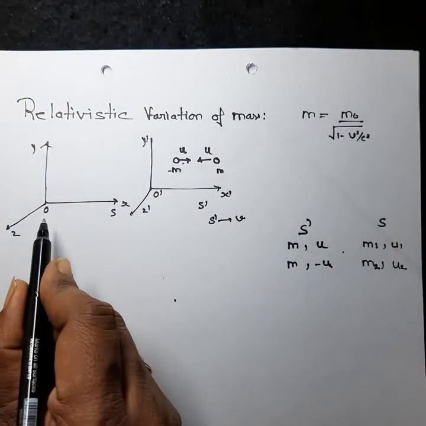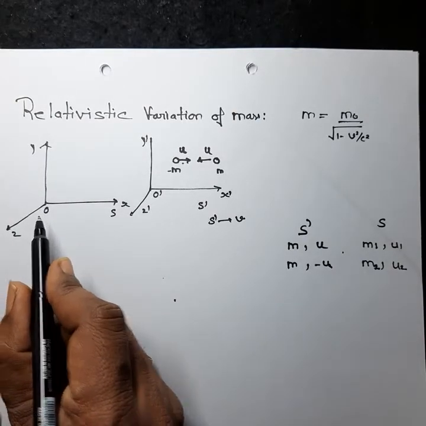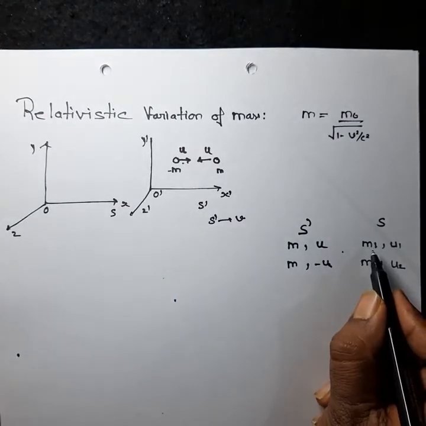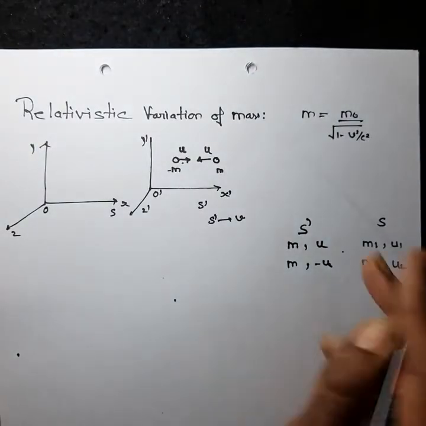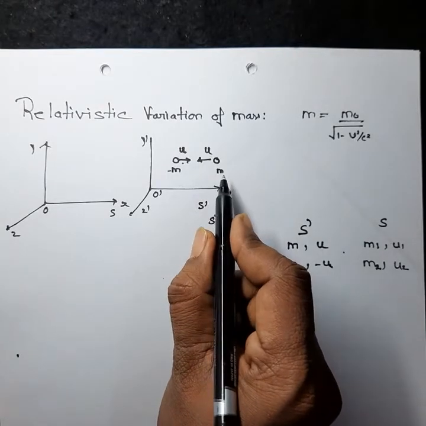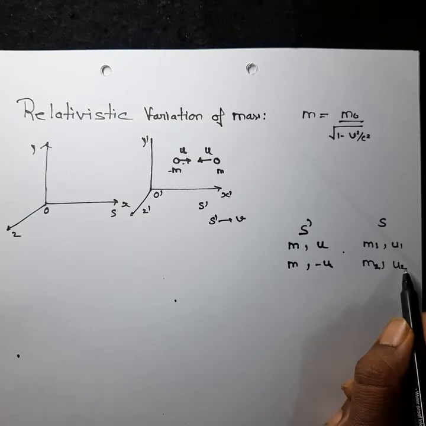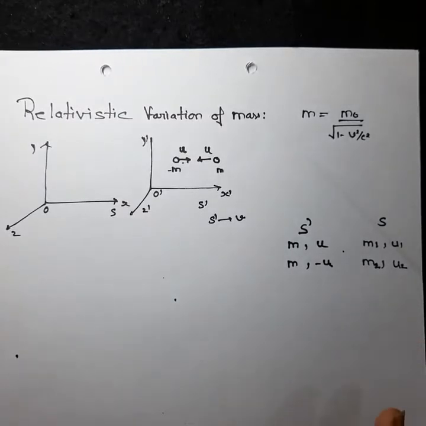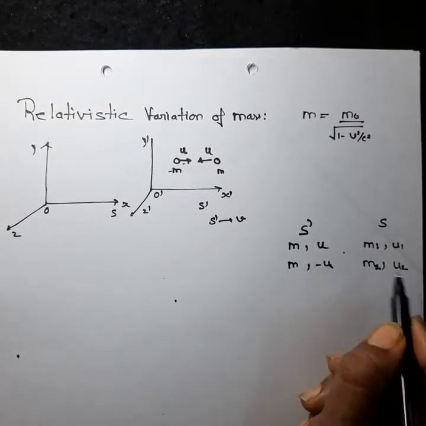Now what will observer O find? He will note that the corresponding mass is m1 and velocity is u1 because of the relativistic effect. Similarly, for the second object, the corresponding mass will be m2 and velocity will be u2. So now our aim is to relate m and m1, m and m2.